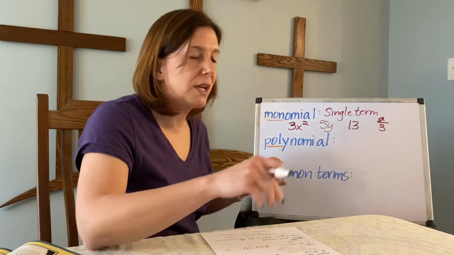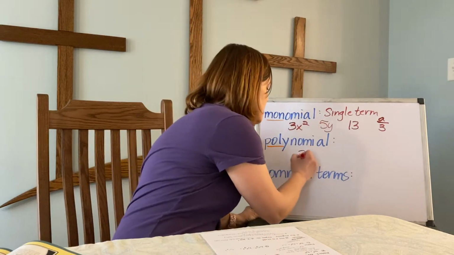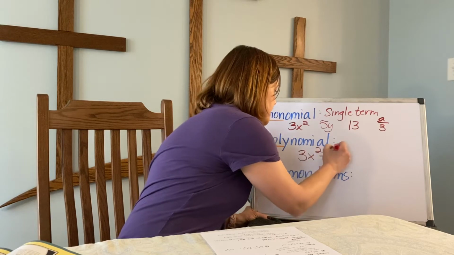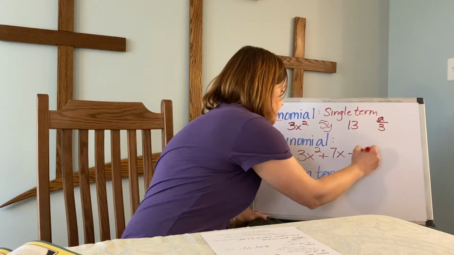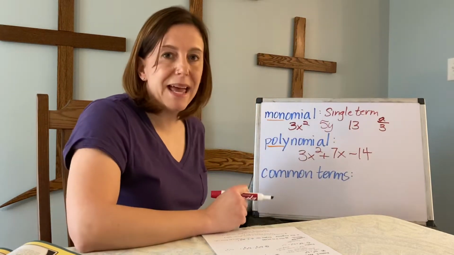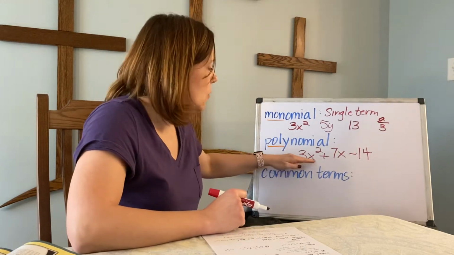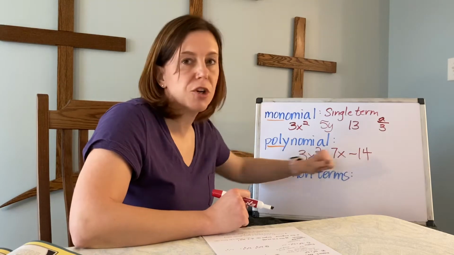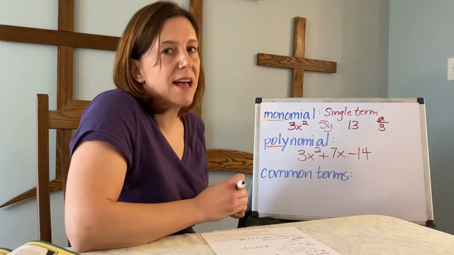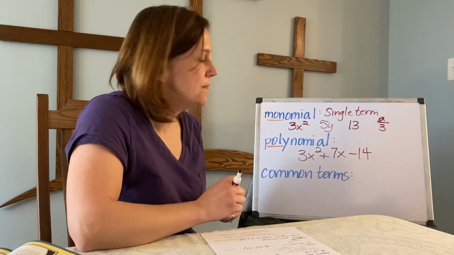I'm going to give you one example of a polynomial. It has many monomials in it, terms: one term, two terms, three terms. So this polynomial has in fact three monomials in it.